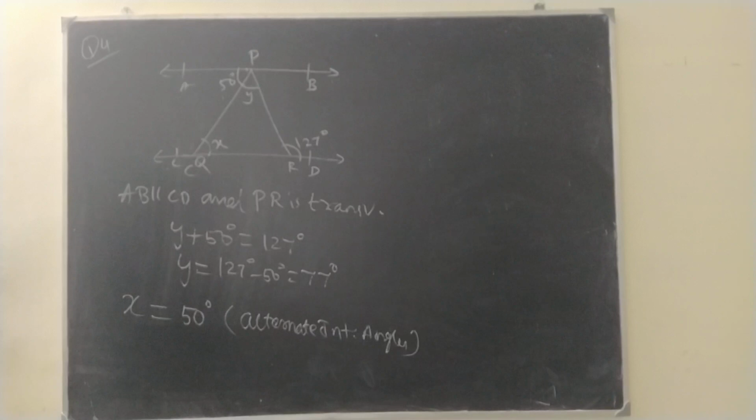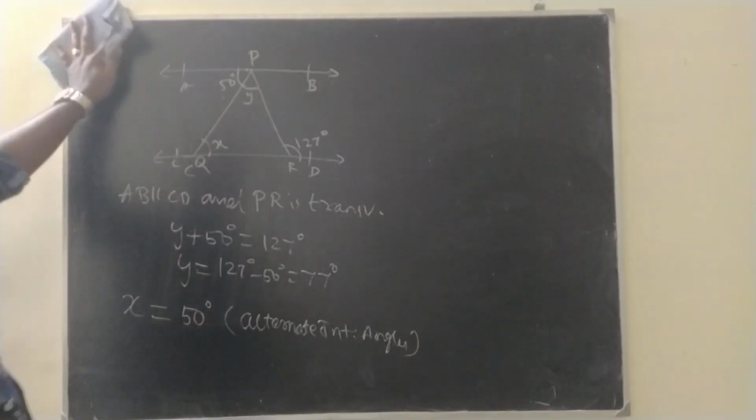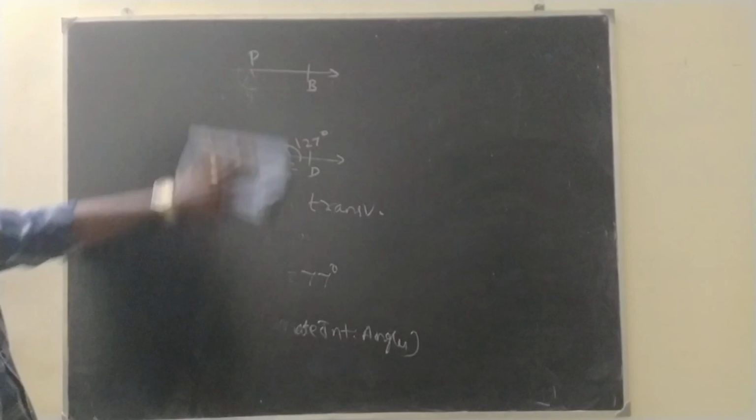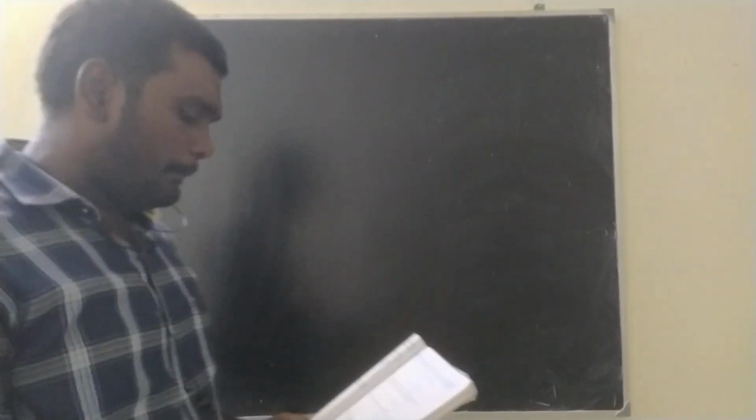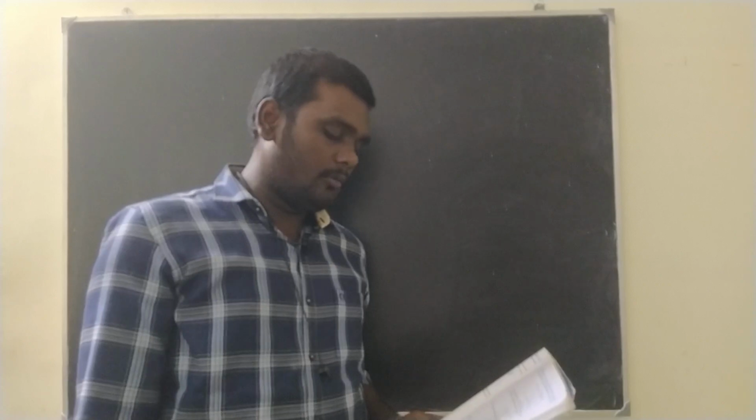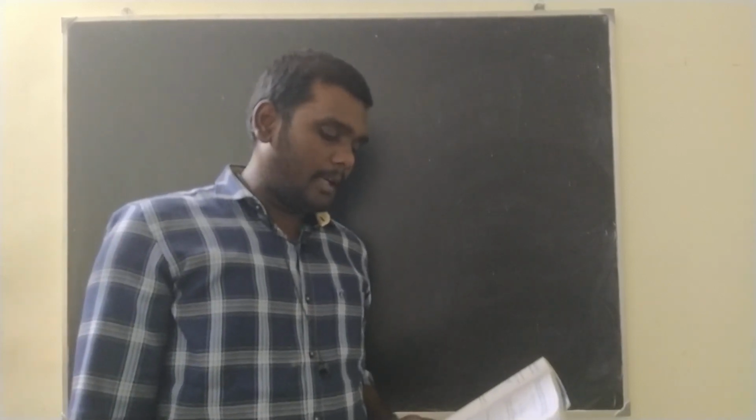Question number 5. The last question. In the given figure, PQ and RS are two mirrors placed parallel to each other.